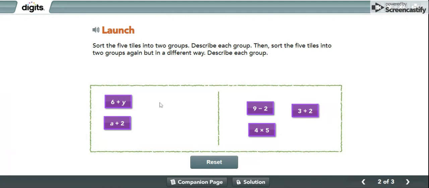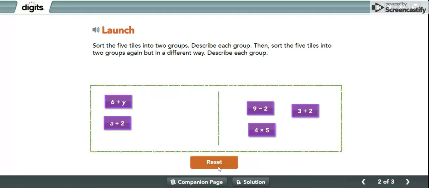Okay, so we'll be talking about this later, but each of the items on the right side are using only numbers. Those on the left are using a letter, a variable.